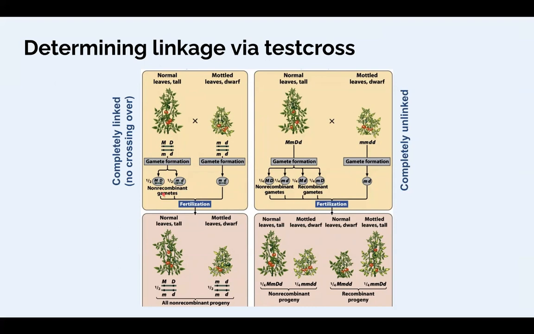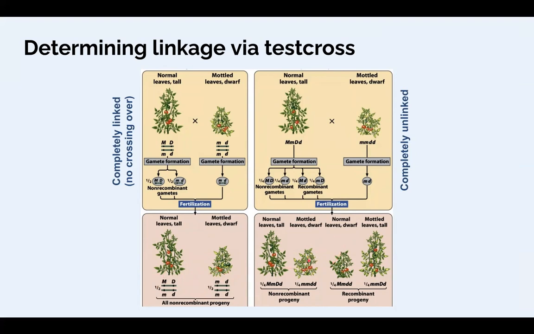It says there's half of the offspring result from this gamete and half the offspring result from this gamete. So that's like extreme linkage where there's nothing in between. There's all big M with big D or little m with little d.